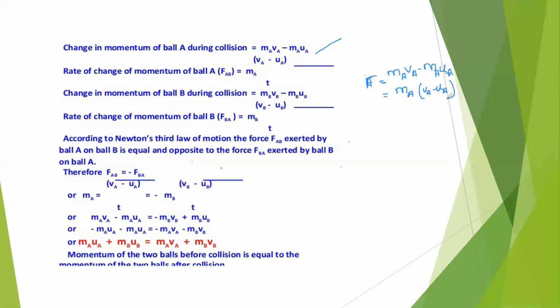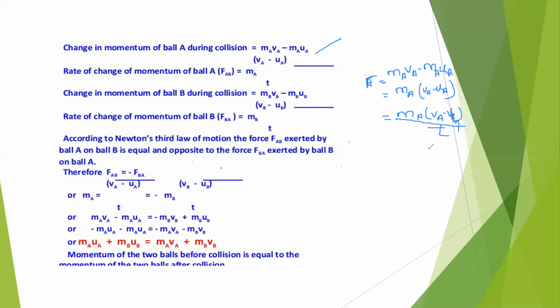Now, the rate of change of momentum. As I told you, rate of change of momentum means the change in momentum with respect to time. That is MA into bracket VA minus UA, divided by t.